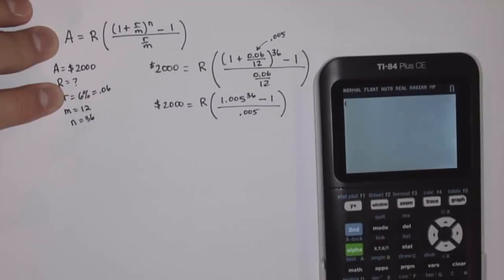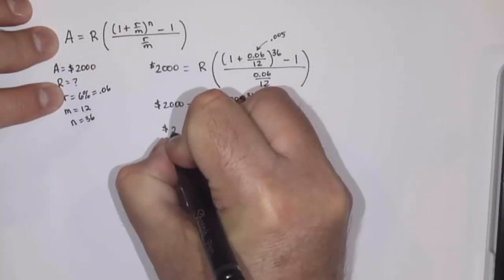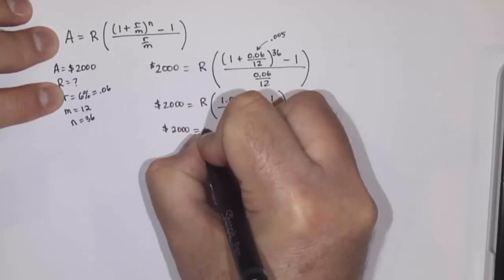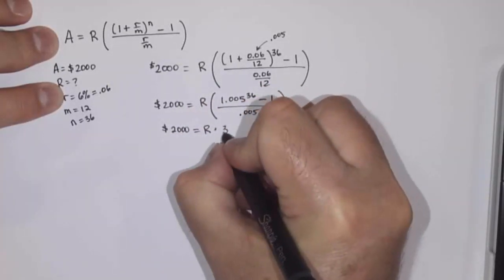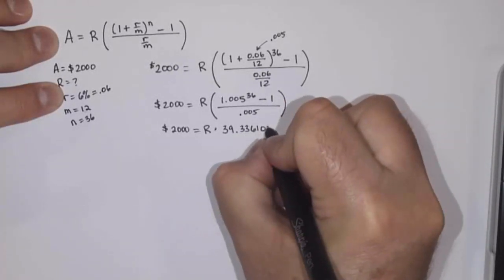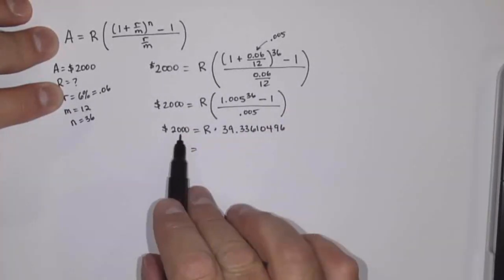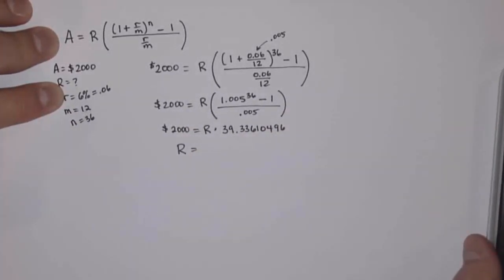So parenthesis 1.005 raised to the 36th minus 1, close parenthesis, divided by 0.005, that is 39.33610496. So we have $2,000 equals R times 39.33610496.